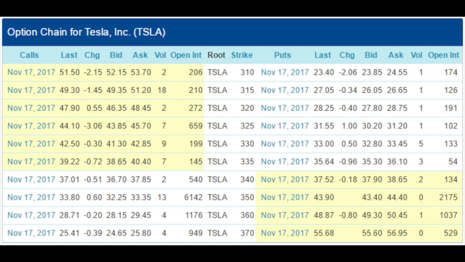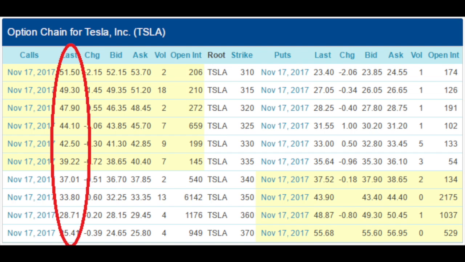For example, this table shows Tesla's option chain for options that expire on November 17, 2017. Today it's June 6, so there are still 5 months left before the options expire. Column 1 shows the expiration date for both the call options and the put options.